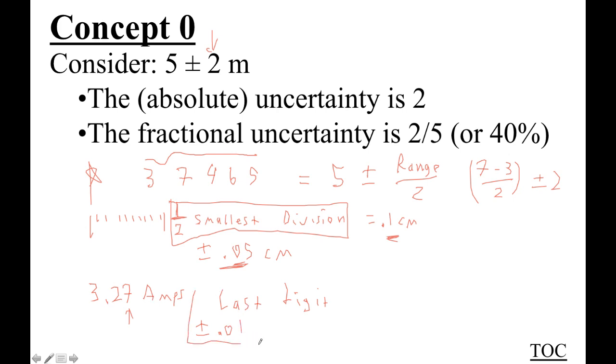So these are the rules, and we're going to do these as we come to them in our labs, right? For the air rocket lab, you'll have a range, and you'll go high minus low divided by 2, right? Eventually, we're going to do smallest division, and I think next year we'll do something with an ammeter. So anyway, that's the scoop on that.